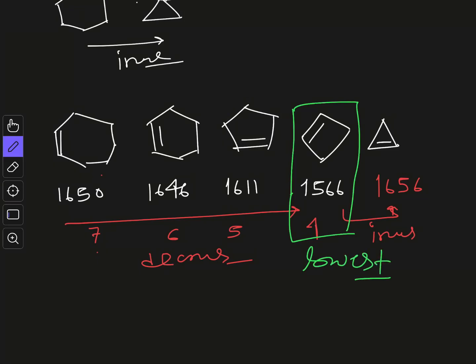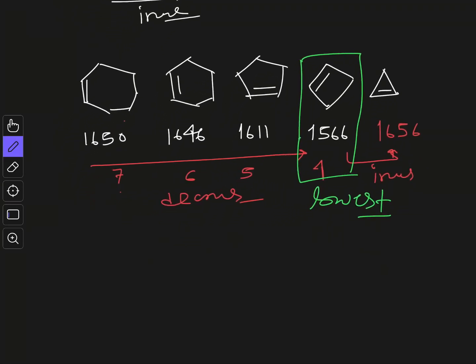Now how can you explain this trend? The explanation is: if you consider any double bond accompanied with a C–C bond, you can see this is one situation. Here there is some bond angle theta, and for the cyclobutene system it will be 90 degrees.